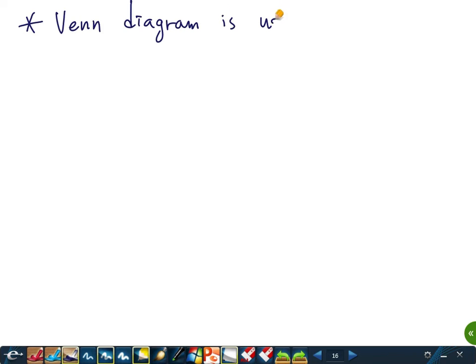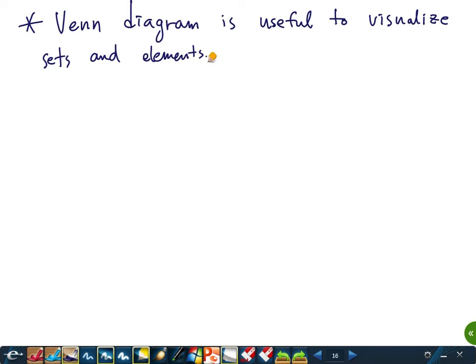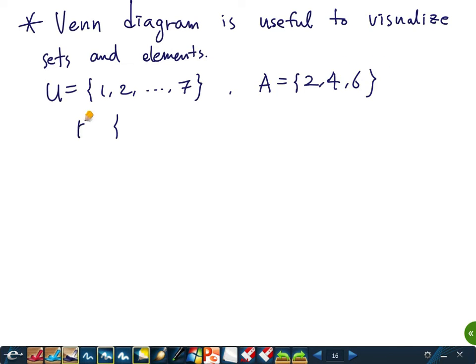So for instance, let's say U is the set of integers 1 up to 7, and A is 2, 4, 6. And B, say 2, 6, 7.